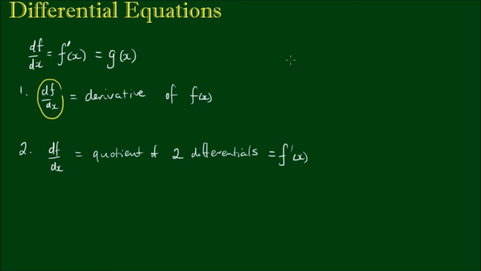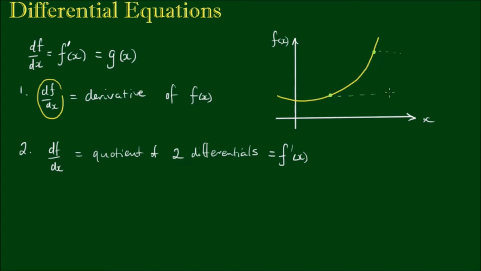So if I demonstrate this by drawing a sample function, if we take 2 points on the function, the difference in height is delta f, and the difference along the horizontal is delta x, and provided that the distances delta f and delta x are small, it is approximately equal to the derivative of the function f.